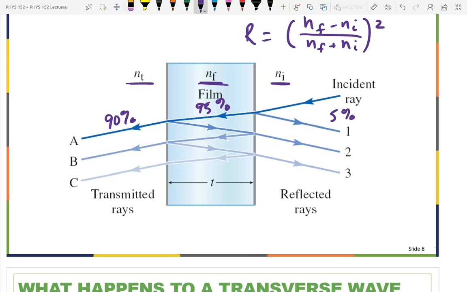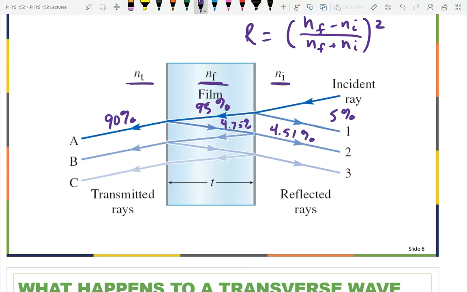And how much is reflected? 4.75% of your initial light was reflected back. That hits the next interface. That times 0.95 is 4.51% of your original light that comes out in ray 2.